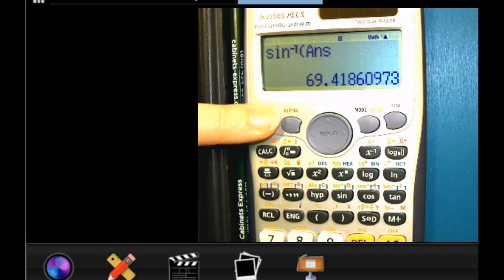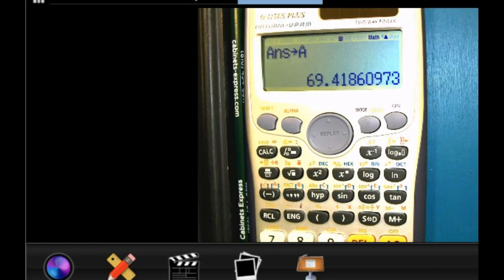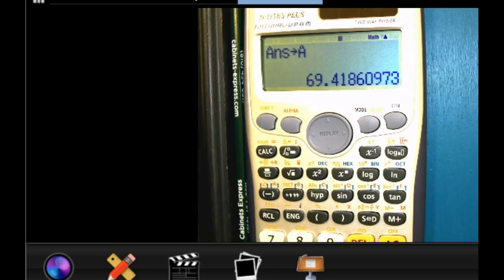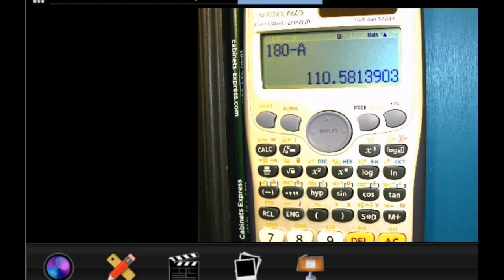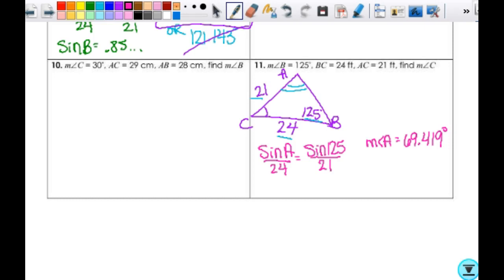I'm going to store that in A. So shift, recall A. Then how do I find my other one? Subtract from 180. So 180 minus recall A. And I get 110.581. So this is what we get here, right?